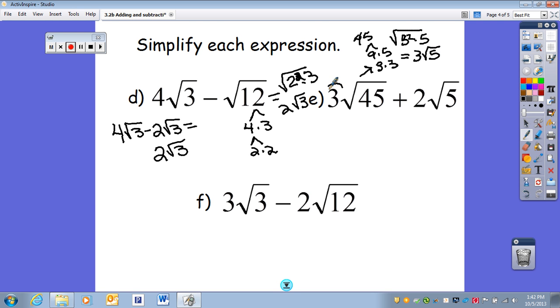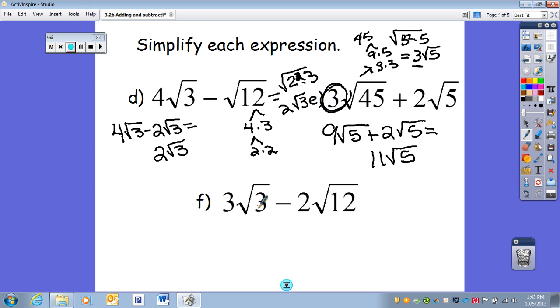But there already is a leading coefficient of 3, and now we have another 3 out front. So those are going to be joined together by multiplication. So we have 9 square roots of 5 plus 2 square roots of 5. So altogether we would have 11 square roots of 5.